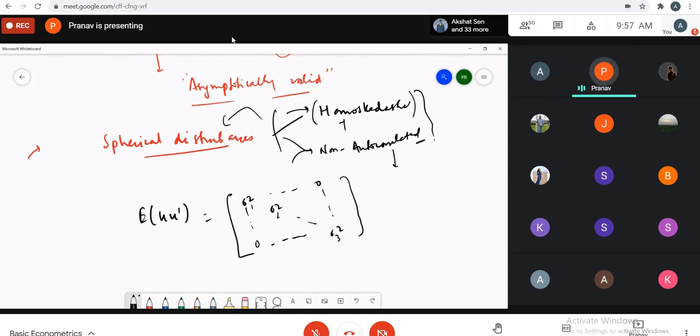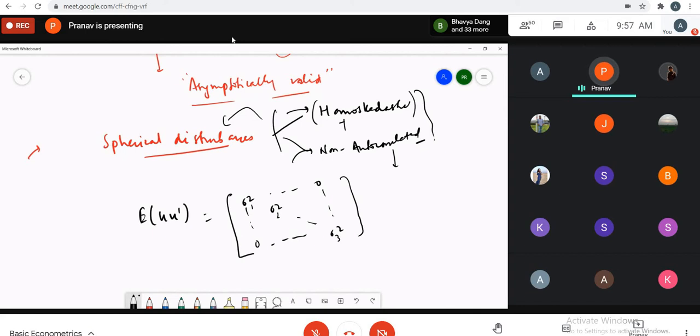Violation of non-autocorrelation more or less happens when you have, let's say, lagged values of the dependent variable itself as explanatory variables, which is what mostly happens in distributed lag models. We'll discuss them.